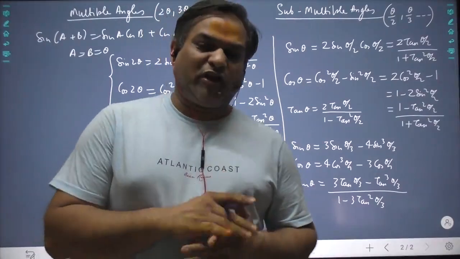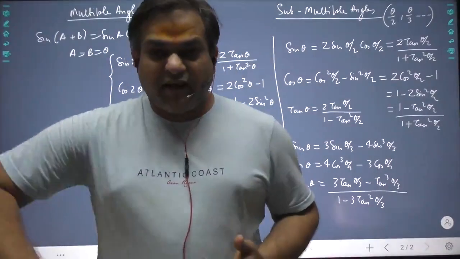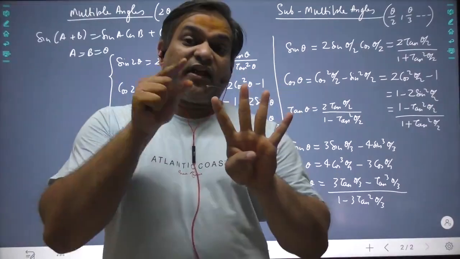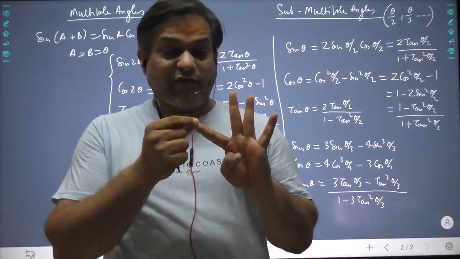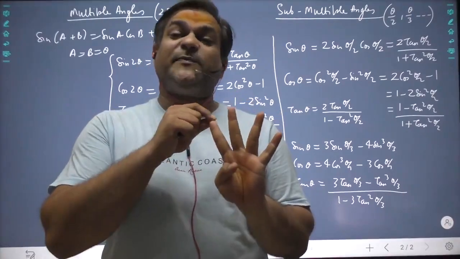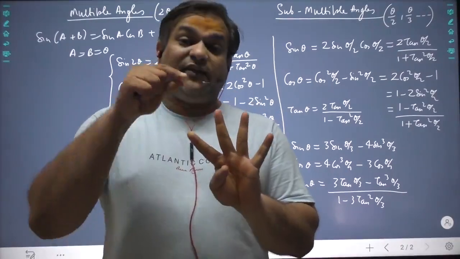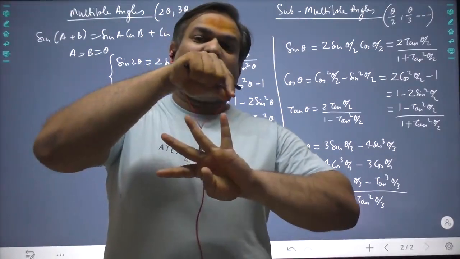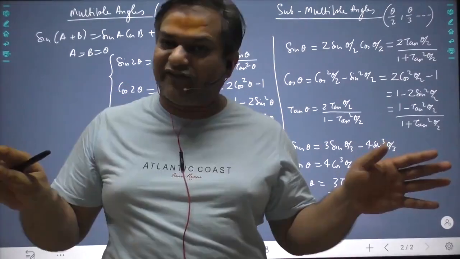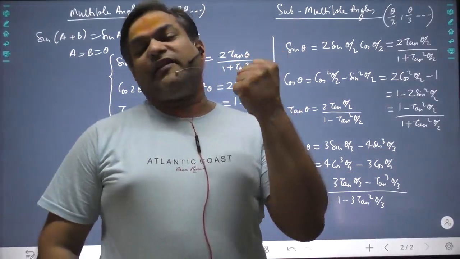The formulas in trigonometry can be divided into 4 parts. Compound angle means sin of a plus b, sin of a minus b, cos of a plus b, cos of a minus b. Sum to product, product to sum, and multiple and submultiple. That's all. Now all these formulas we know.